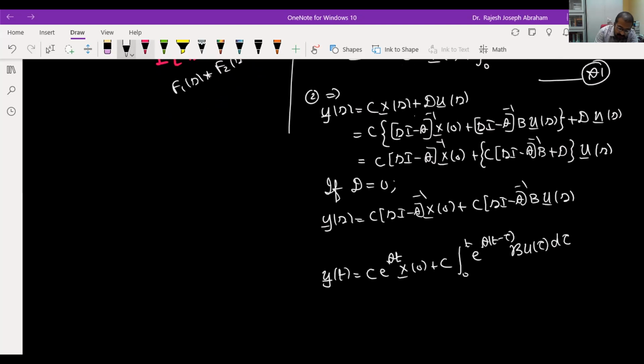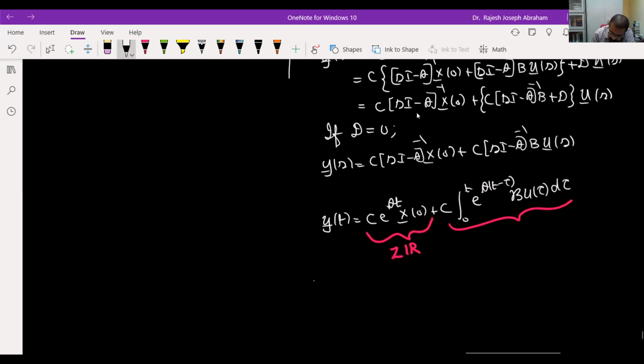Now you can see here that the output comprises two terms. The first one is due to the initial condition alone, and the second term corresponds to the input signal alone. The component due to the initial condition alone is called the zero input response, because it is due to the initial condition alone and independent of the input signal.